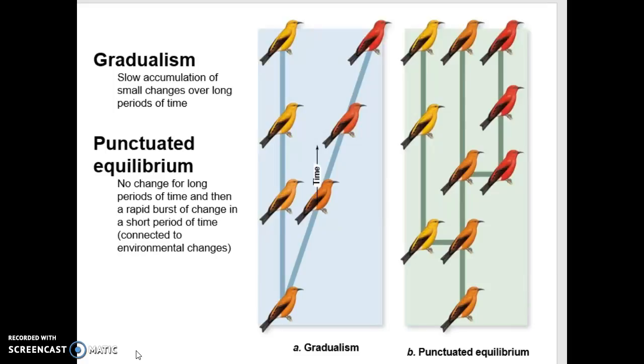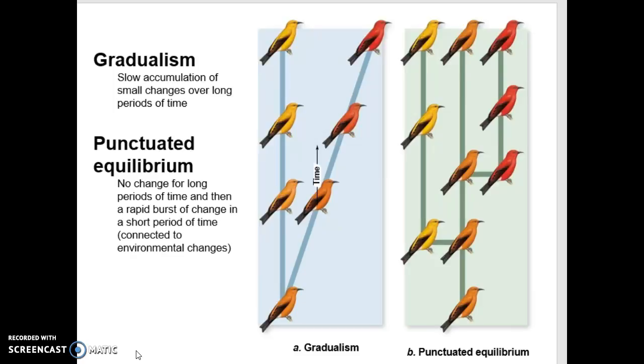Now, when we say short period of time, that might be 20, 30, 50, 80, 100,000 years. In ecological time, in geological time, that's a blink of the eye. Gradualism, long periods of time, can be millions and millions of years where we're not seeing major change. Okay, so both of these are examples of the pace of evolution.